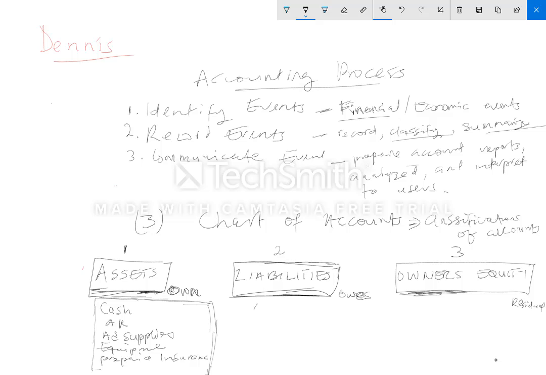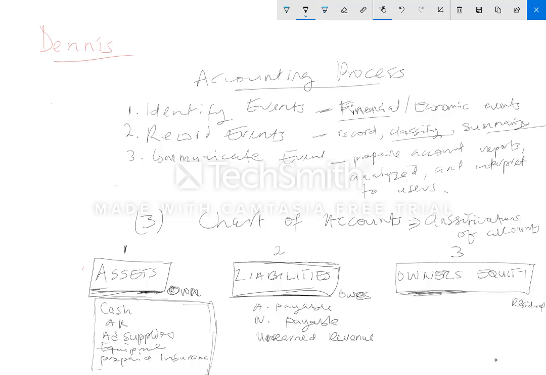And your liabilities: account payable, note payable, your obligation to pay, unearned revenue.